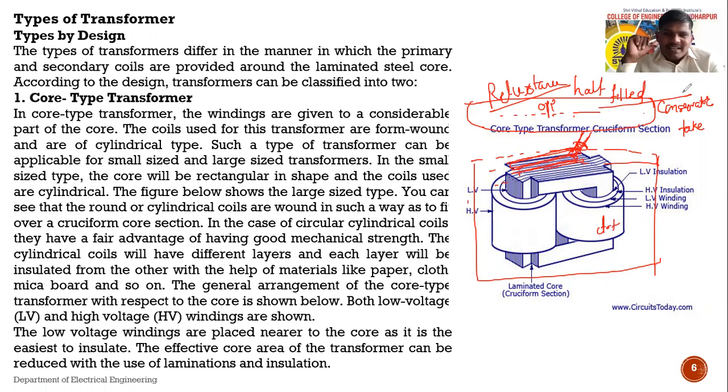So what is the purpose of that conservator tank? Anyone from A division? Because we have already covered this. What is the purpose of the conservator tank, and why is it half filled with oil?